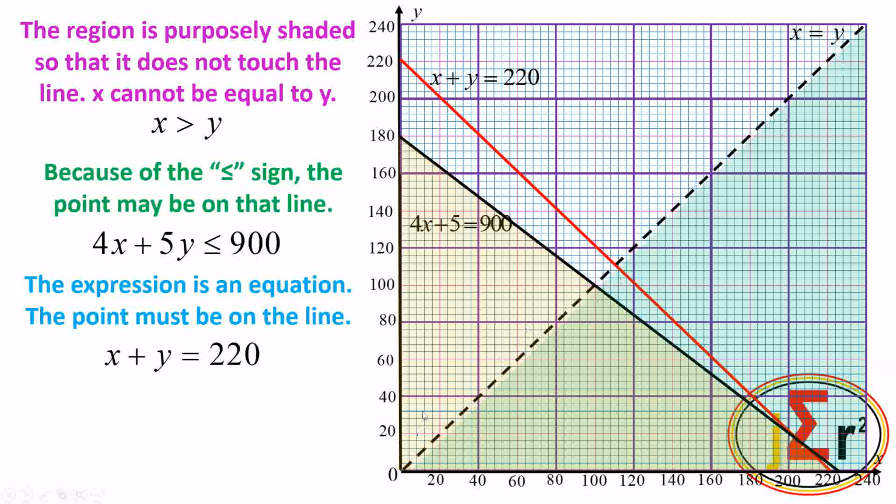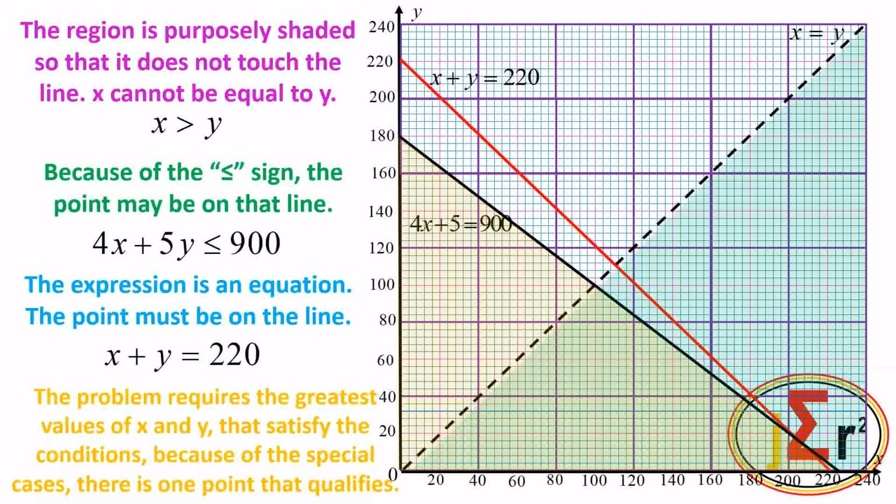That's for sure. Additionally, any point that we choose must be on this red line. This means that all other points are eliminated and we are just restricted to a few points. As a matter of fact, we are restricted to a single point on this occasion.